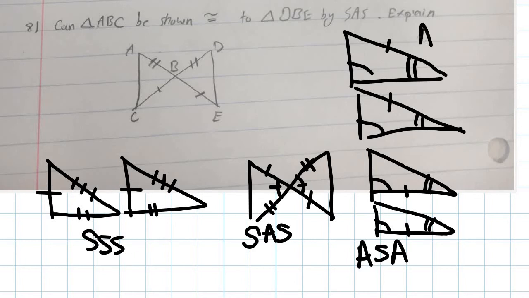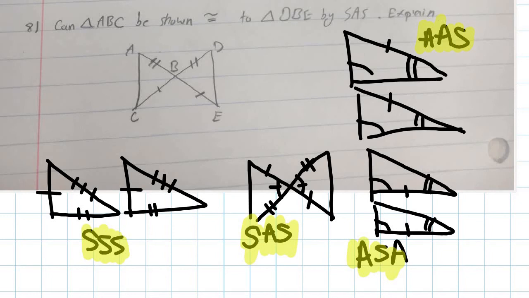Excuse me, I take that back. Two angles, and then a side. So the four ways triangles can be made congruent, the four shortcuts, if you will, are side, side, side, side, angle, side, angle, side, angle, or angle, angle, side.